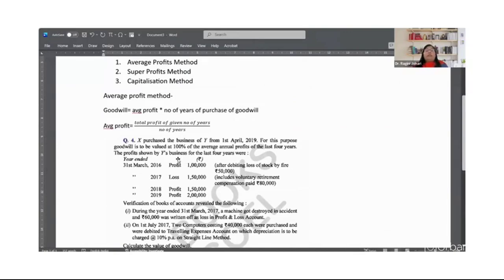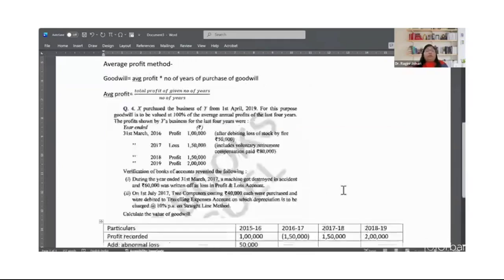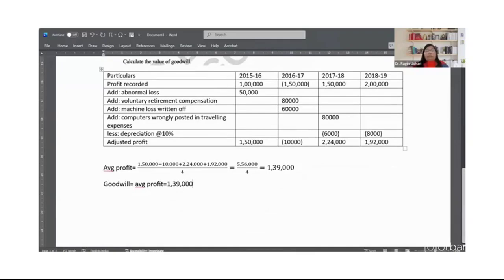Now, suppose instead of this, the question would have said that goodwill is to be valued at, say, 3 years of purchase of goodwill. Okay. So what would have been? Suppose this question had said that goodwill is to be valued at 3 years purchase of goodwill. Then what would have been the value of goodwill?